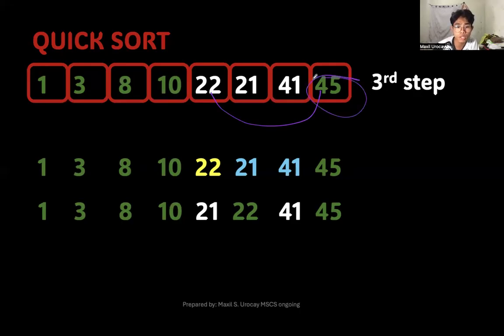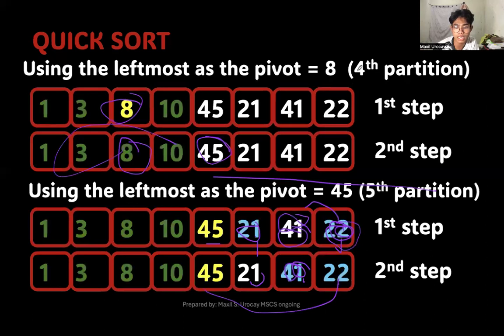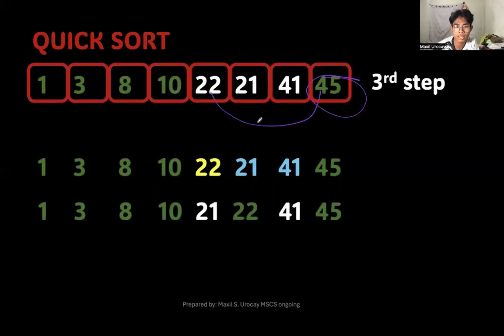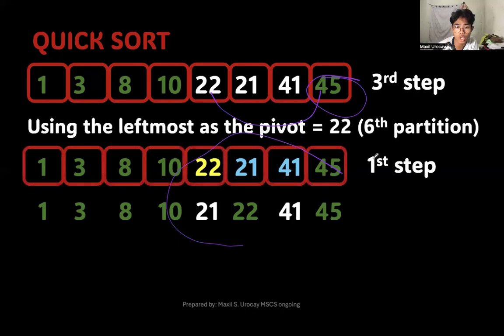Now, next position, I'm so sorry, my transition is not smooth. So the sixth partition, I mean, which is 22 is our new pivot, and your I is this 21 and J is 41. So since your I is less than the value of 22, you cannot move that one or do not perform.